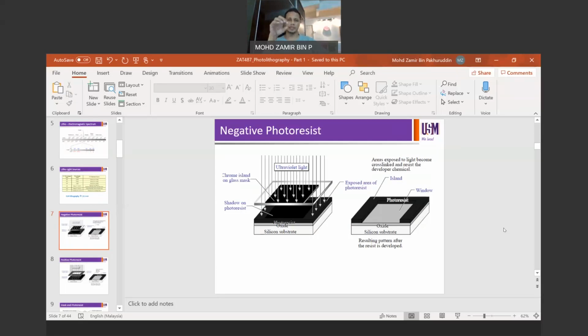The moment you have done selective exposure on the photoresist, you will trigger some reaction on the area that you exposed, and there's nothing happening on other areas that you did not expose. This can be seen as illustrated in the left figure here.